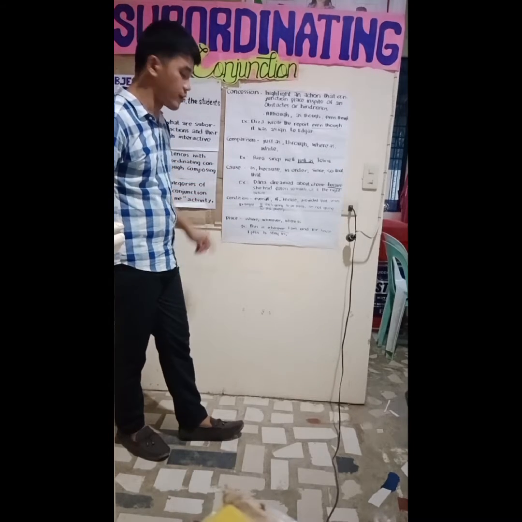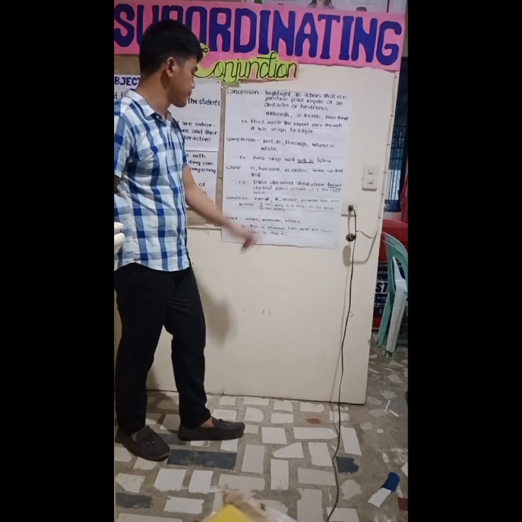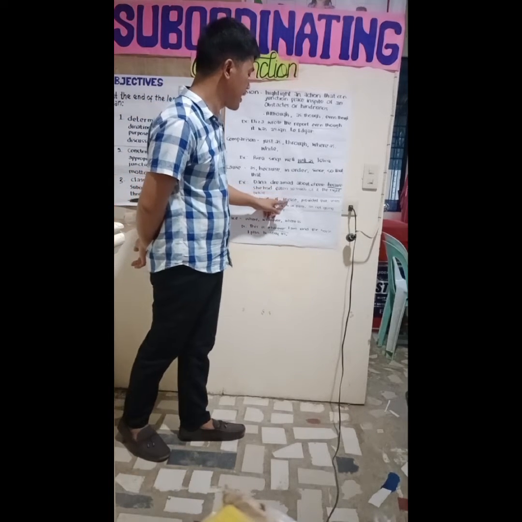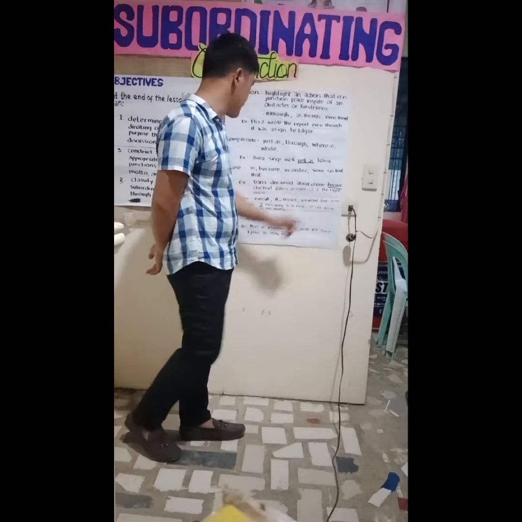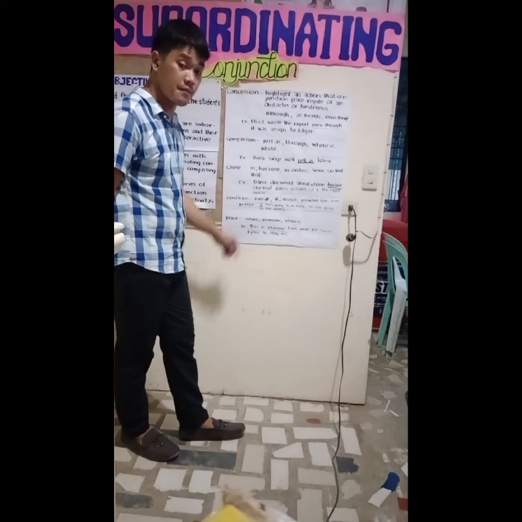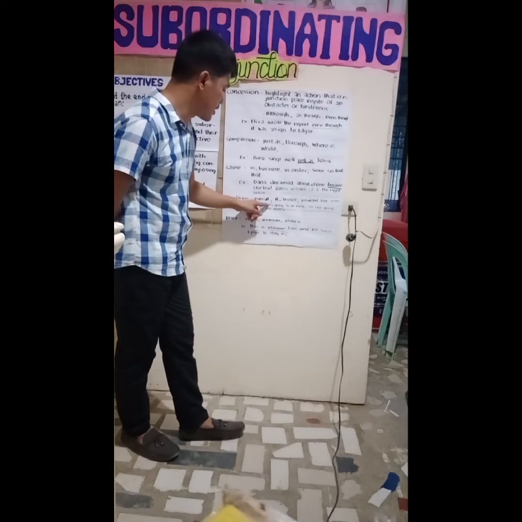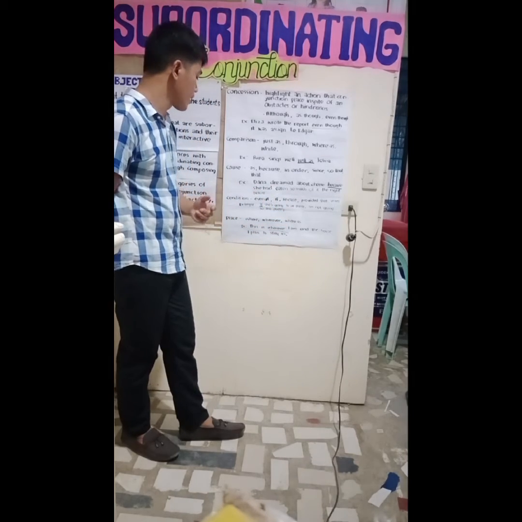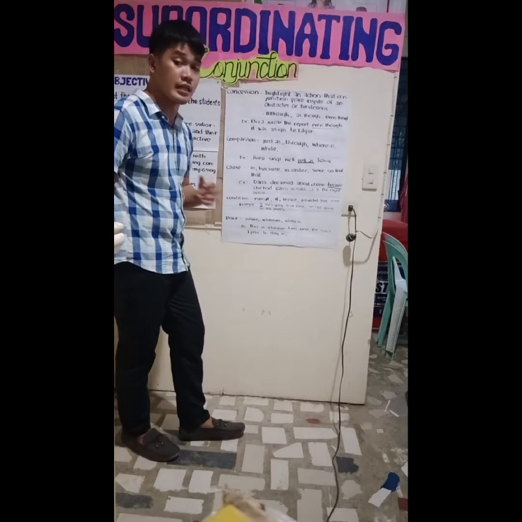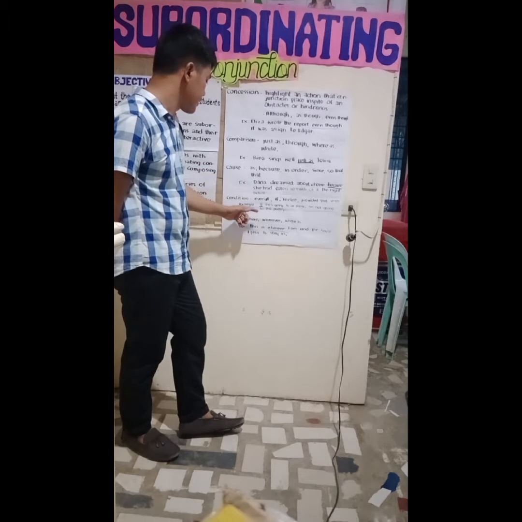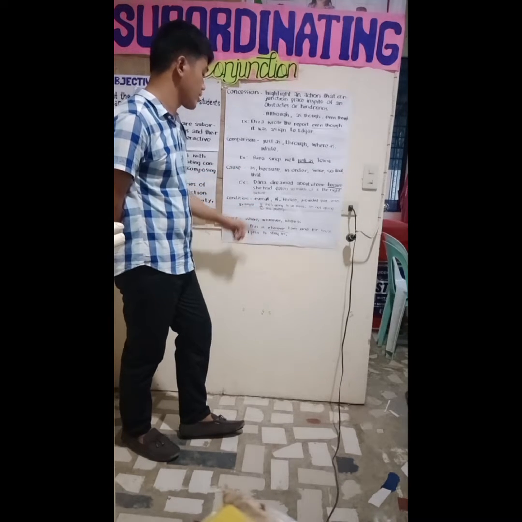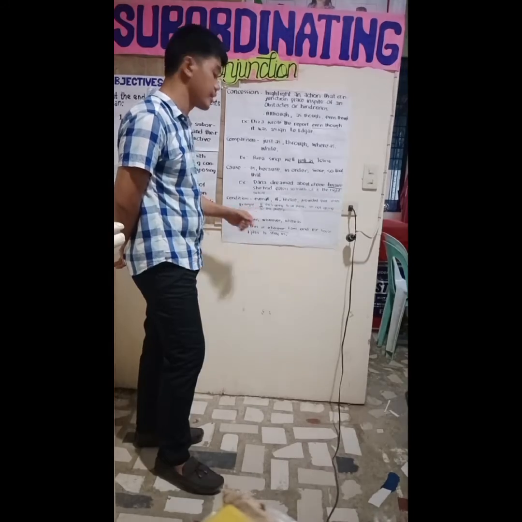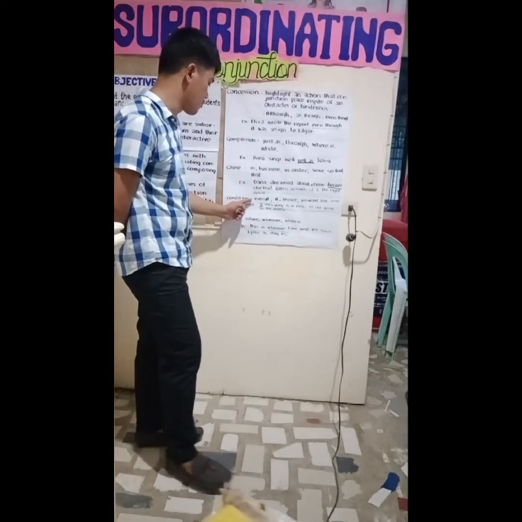And the fifth one is condition. Even if, in case, provided that, unless. The example is, if she's going to be there, I'm not going to the party. So the underlined word is if. If is a subordinate conjunction, and it tells about condition.